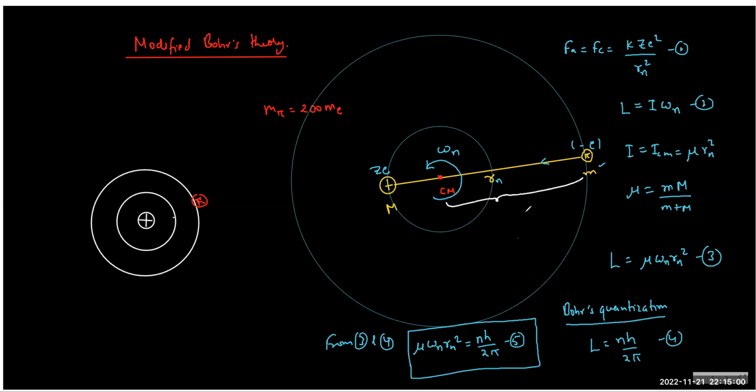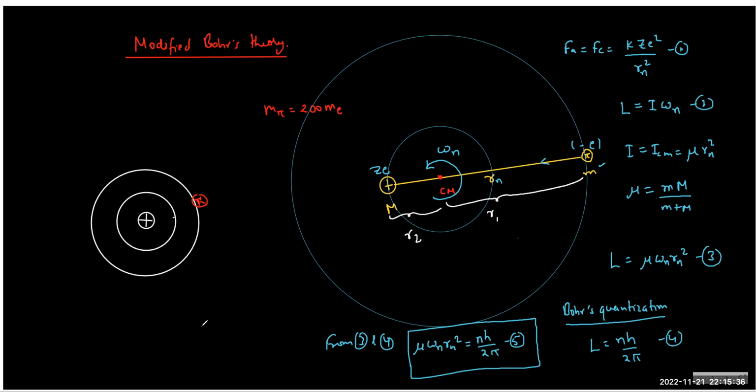radius of each particle. What is this radius, by the way? Tell me, guys. So what are the values of R1, R2?